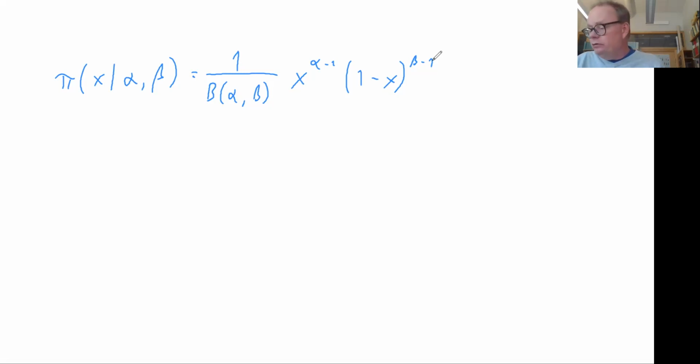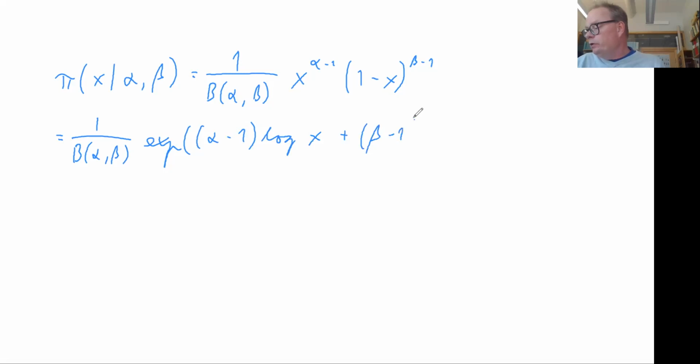And in fact, you can just write this as 1 over B(alpha, beta), and then it needs to be some kind of exponential part here. So we write this as the exponent of alpha minus 1 times the logarithm of x plus beta minus 1 times the logarithm of 1 minus x. So this is just rewriting this whole thing.